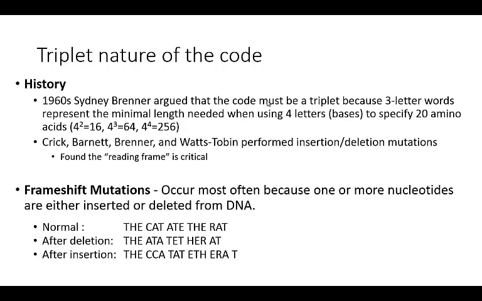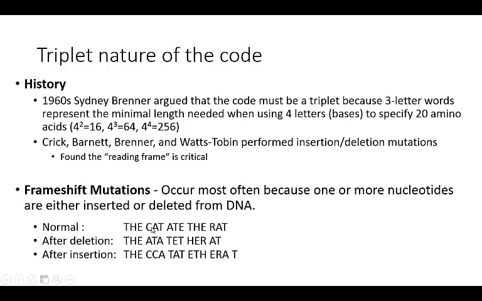When we talk about frame shift mutations, this is an insertion or deletion of 1 or possibly more nucleotides from the DNA. I think the best way to illustrate this is to use actual words rather than just the bases. If we made up a sentence, the normal sentence might read something like, the cat ate the rat.